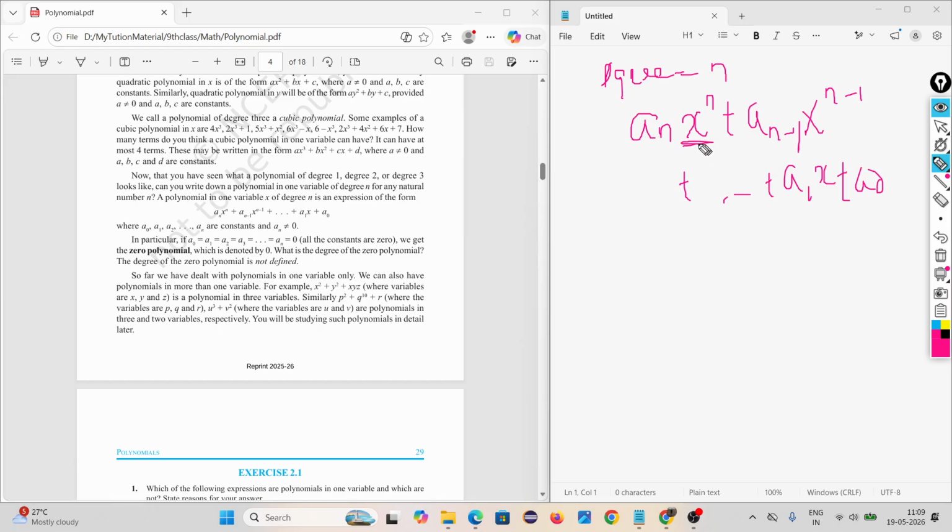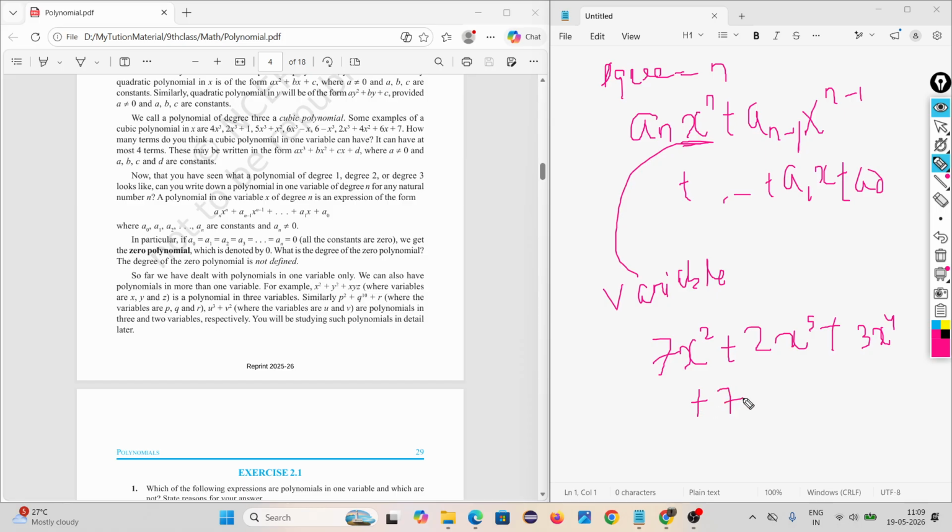Sir, what does it mean? Here x is nothing but your variable. Suppose I am writing 7x square plus 2x^5 plus 3x^4 plus 7x plus 3. It is not in the general form. You have to take the highest power as the first term. Here n is equal to 5, na?